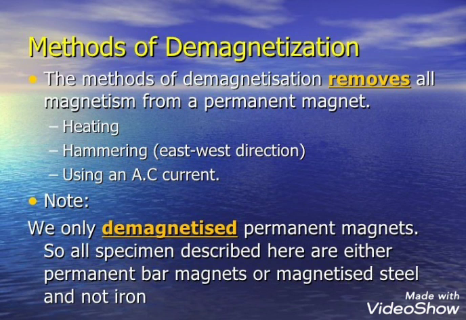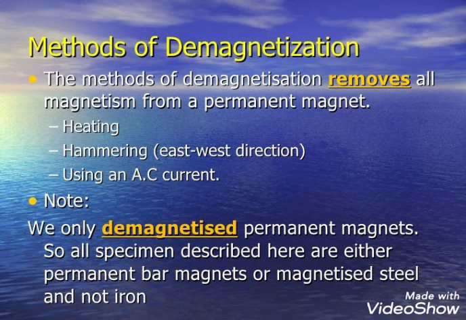And two bars of soft iron, which we call magnetic keepers, are also kept across the ends in the case of bar magnets. They help in maintaining the magnetic field and the magnetic properties.